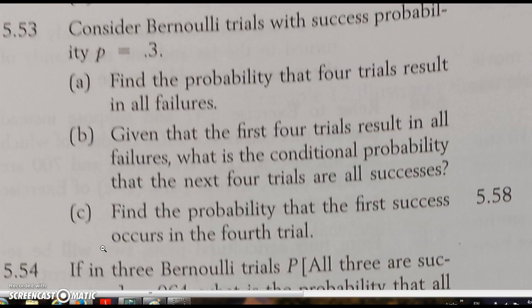So it's like F, F, F, and S. I'm going to change the problem to 3 trials, and the first success occurs in the 3rd trial, which is similar to this.